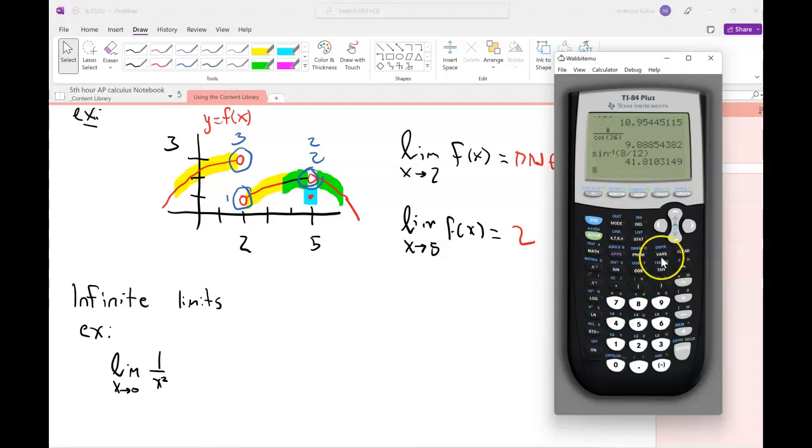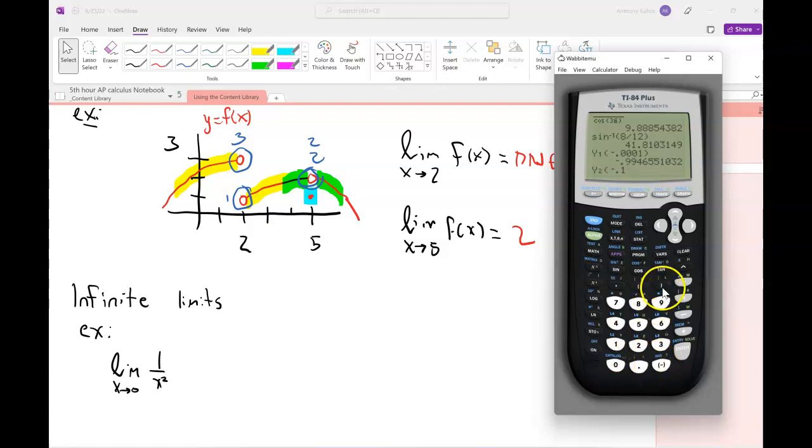Let's look at the table. I'm going to look at some values that are very close to 0 from the negative side, like negative 0.1, negative 0.01, negative 0.001. Oops, I put mine in y2.